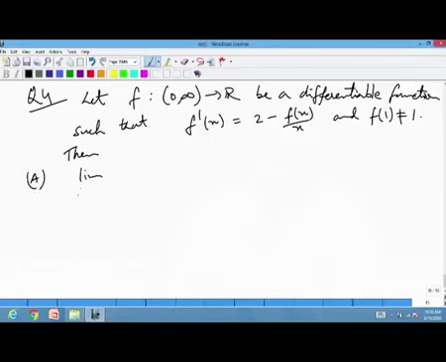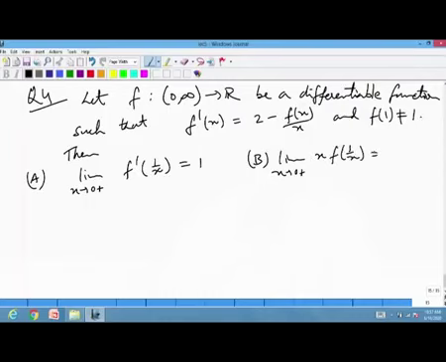First option is limit x tending to 0 plus f prime 1 by x equal to 1. B is limit x tending to 0 plus x times f 1 by x equal to 2.